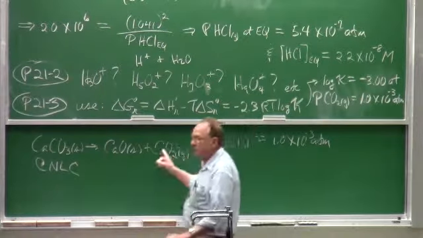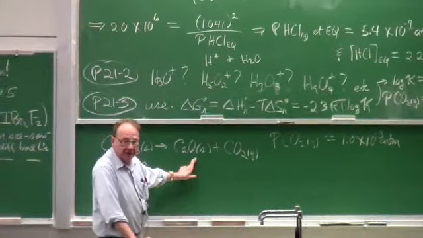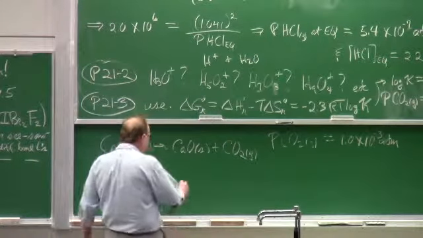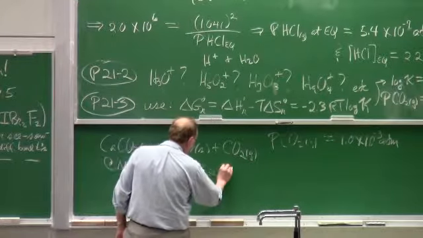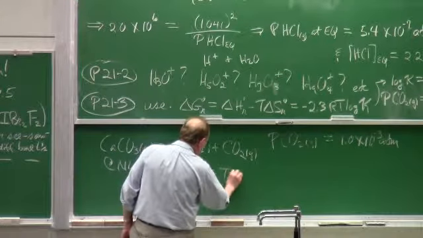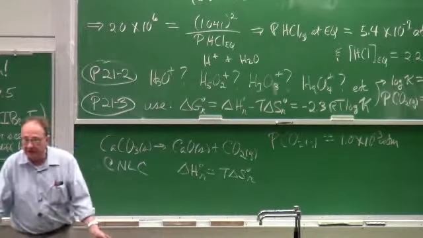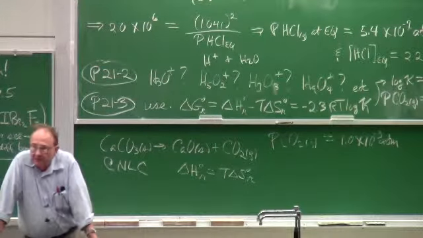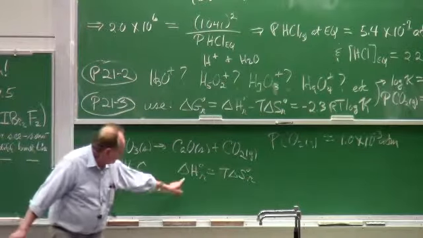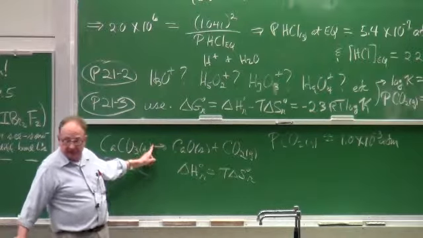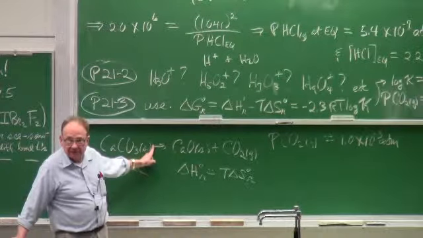Because when the partial pressure of CO2 gas is 1 atmosphere, which is what you were asked to consider regarding this transformation in discussion class, then this relationship applies, does it not? If the partial pressure of CO2 is 1 atmosphere, this relationship applies to this transformation, correct? You did this in discussion class.